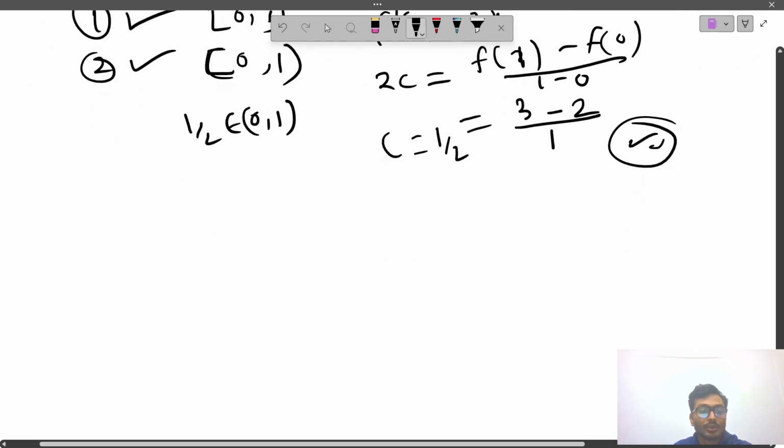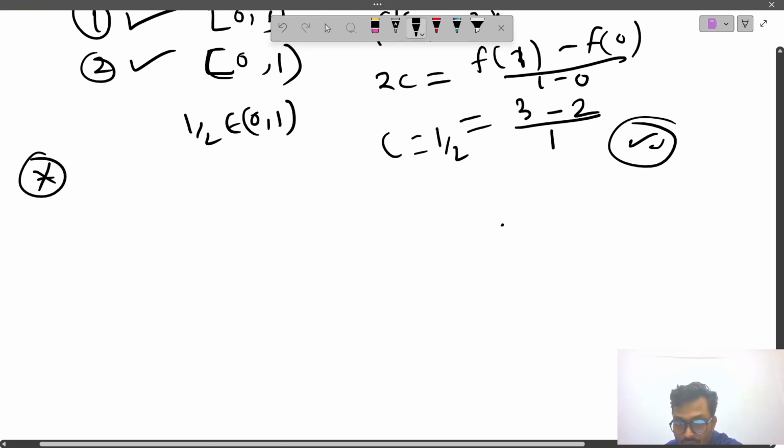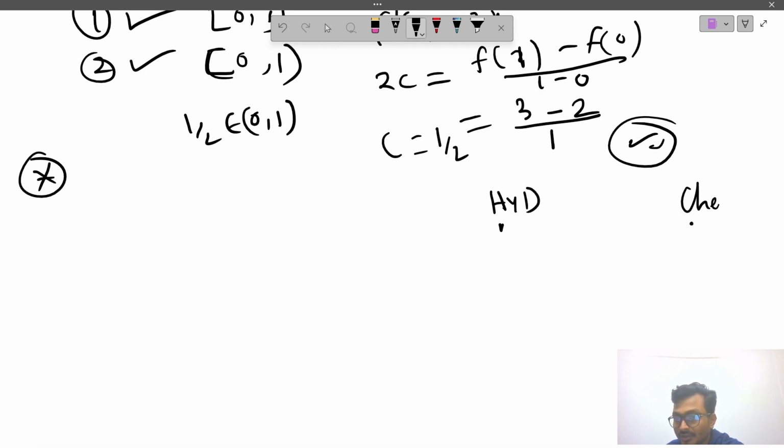Now we are going to give a real life example for this Lagrange's theorem, right? Suppose this is our city Hyderabad and this is our city Chennai. Let us suppose the distance, this is not accurate, is some 160 kilometers, right?